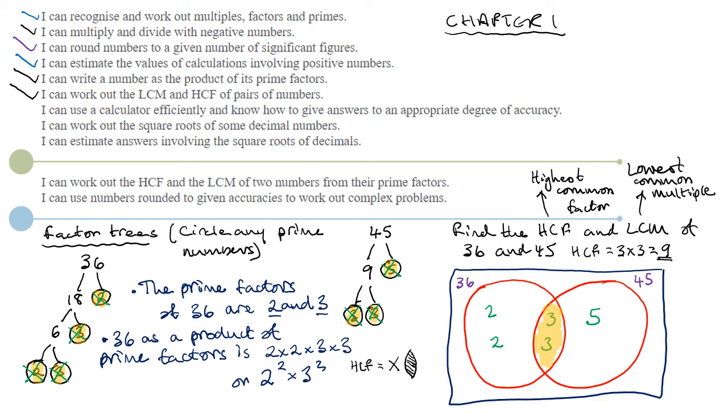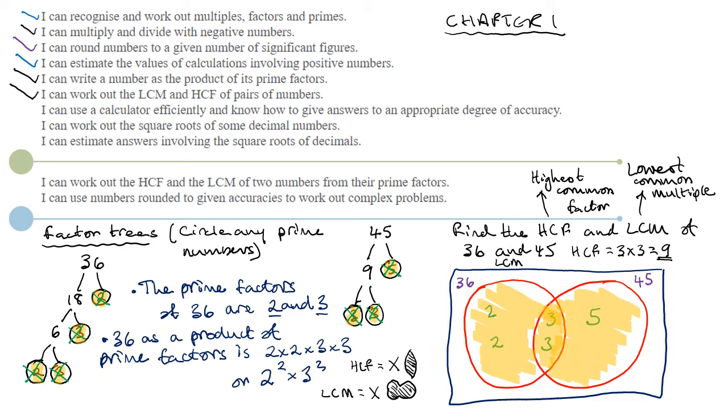If I want to find the LCM, then we multiply all of the numbers you see in the Venn diagram. So everything you see inside the Venn diagram gets multiplied together. So in this example, the LCM is basically going to be every number that I see. The whole thing here is going to get multiplied.